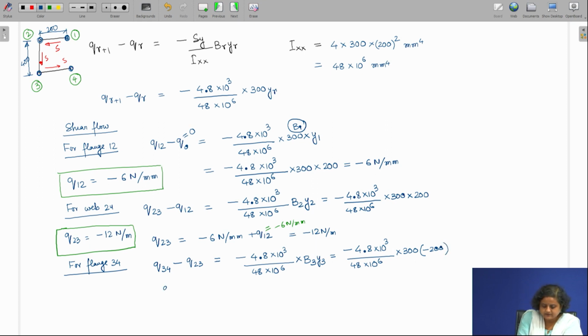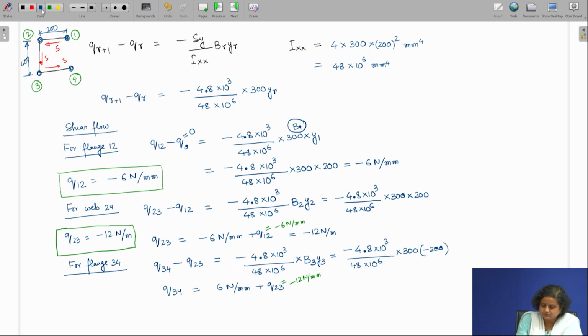So, therefore, Q34 is going to be 6 Newton per millimeter plus Q23. Now, Q23 is minus 12 Newton per millimeter.